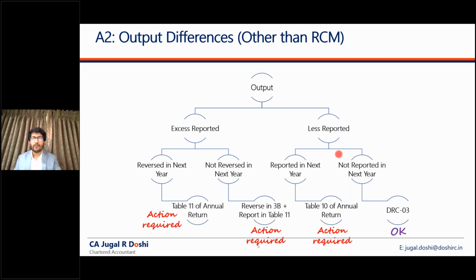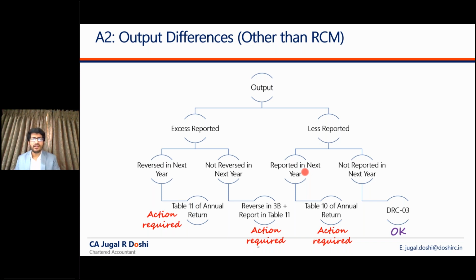So friends, this is very important. If I have reported it in the next year, it means I have paid tax on that supply through GSTR 3B of the next year. So if I disclose these transactions over here in table 4, as we discussed in an earlier video, the total of tables 4 will come at table 9.